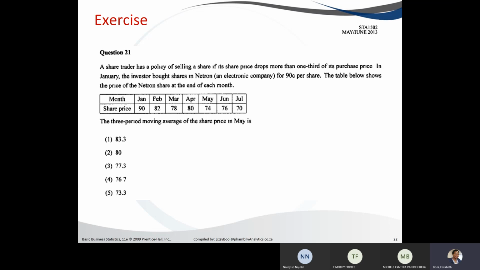It shows that in January it was 90, then it dropped to 70 in July. Here they're asking you to calculate the three-period moving average of the share price for May. And this is May. So you need to calculate the average for May for the 3 periods.